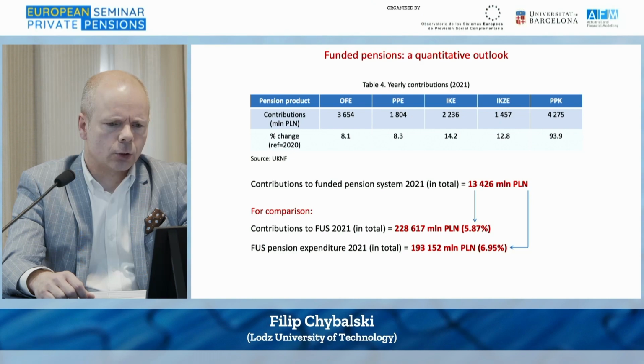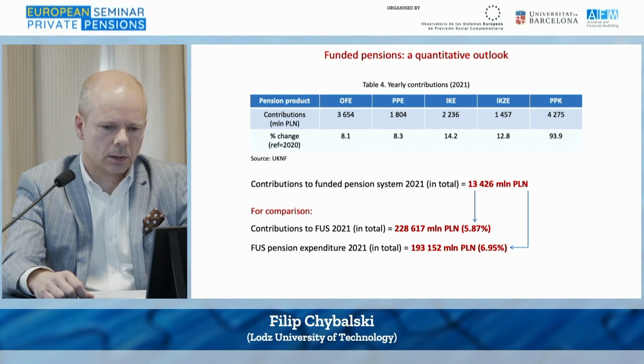And yearly contributions paid to funded pension products in Poland, also a quantitative outlook. So contributions paid to the funded pension system in Poland in 2021 were over 13 billion złotych.